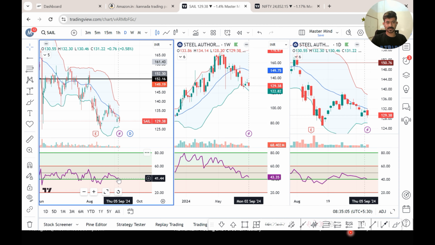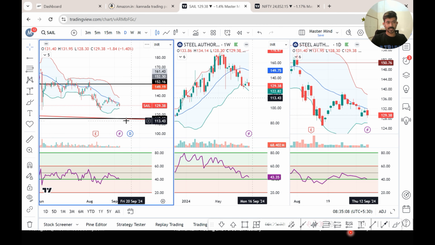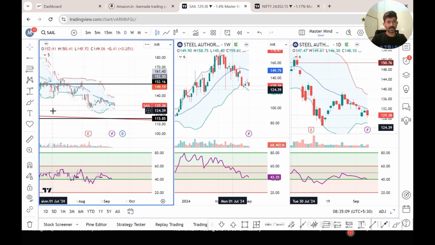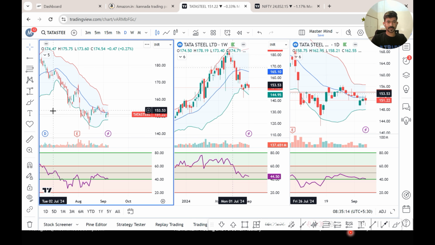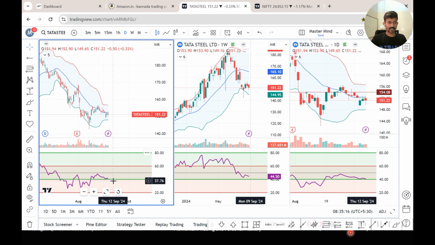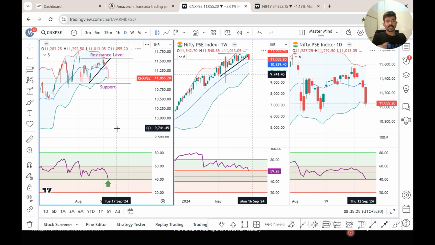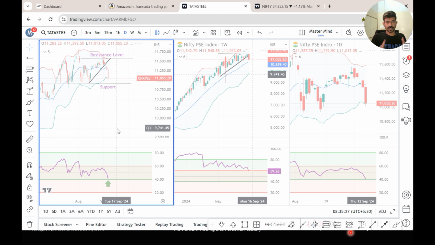If it breaks down from the near swing, then there will be another downtrend. If it breaks down from 40 in daily, then we can see another downfall toward 143. So these are the stocks from the long side and the short side also.